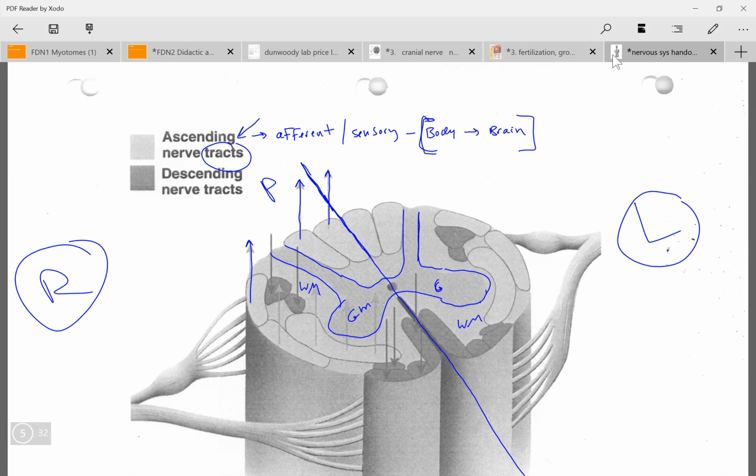Okay, then you'll notice on the chart here you have descending tracts. Okay, so the arrows are pointing down. Okay, so the descending tracts are efferent, okay, motor, brain to body.